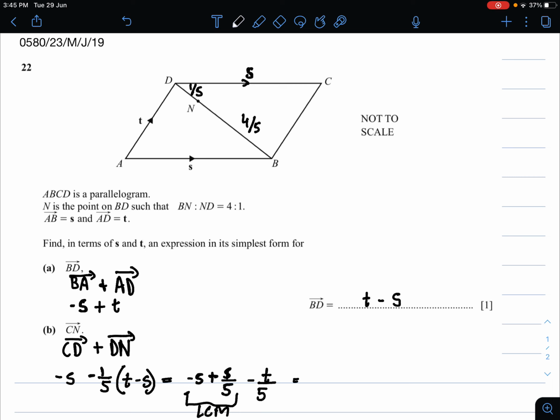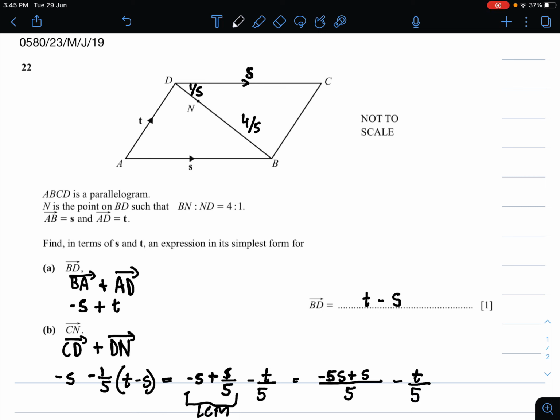When we do that, we have to multiply the S by 5, both the numerator and denominator. So that would be minus 5S divided by 5, plus S divided by 5, minus T divided by 5.